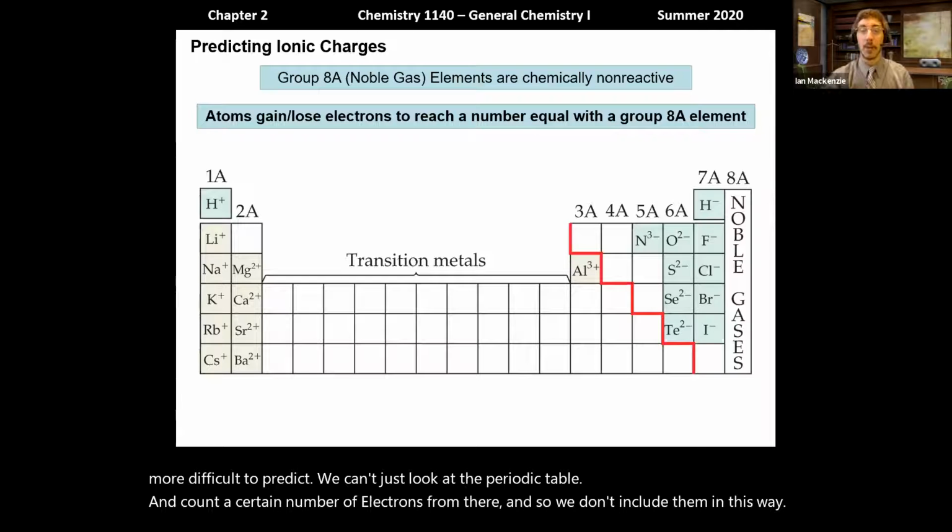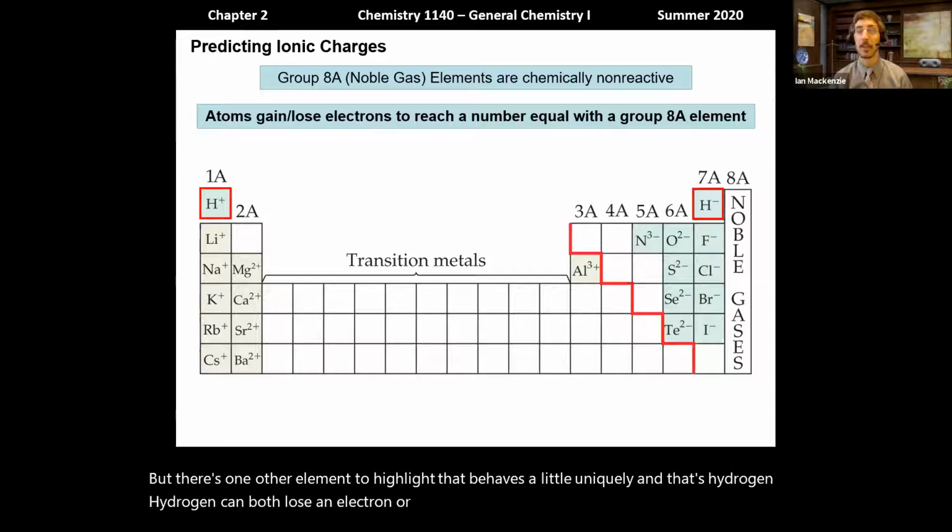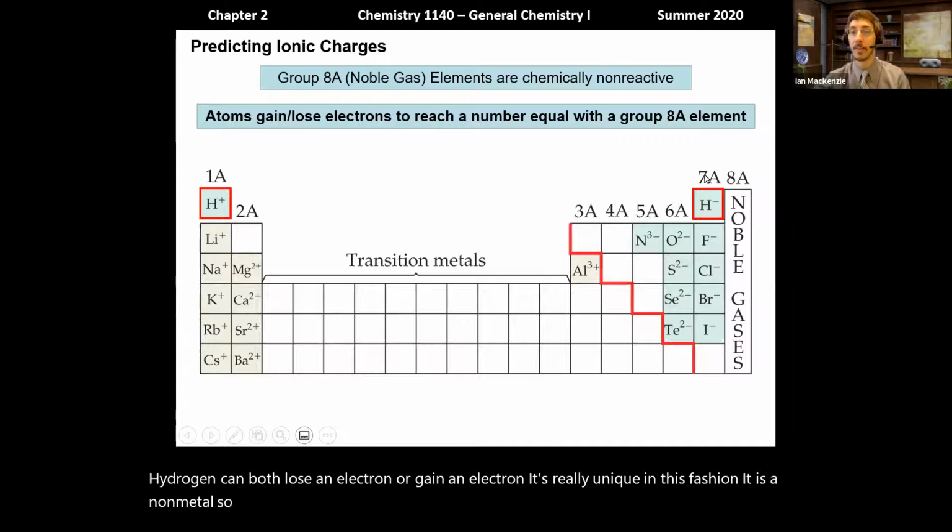But there's one other element to highlight that behaves a little uniquely, and that's hydrogen. Hydrogen can both lose an electron or gain an electron. It's really unique in this fashion. It is a nonmetal, so we might think of it as gaining an electron to form H minus, a -1 charge.